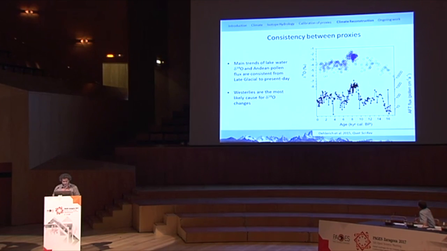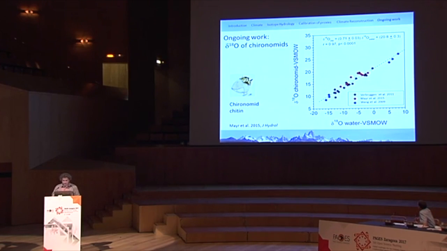in that period. Now, coming back to the ongoing work, we are now investigating how we could use chironomid head capsules for lake water isotopic reconstructions in that area. There are two more studies. One is from Wang et al., the blue dots, an experimental study, and the black dots are from a transect over Europe.